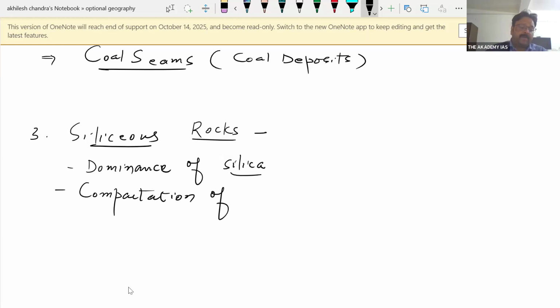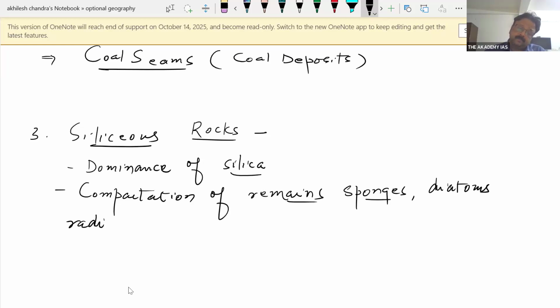the remains of sponges, they are animals; diatoms, that are plants; radiolarians, again animals; radiolarians, etc. Okay, siliceous rock.